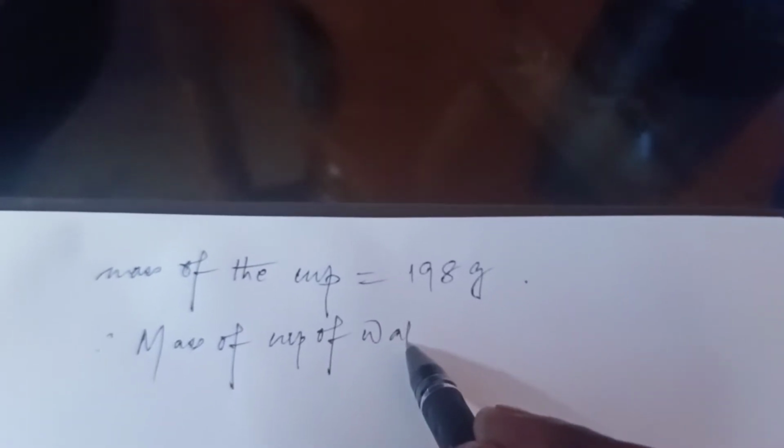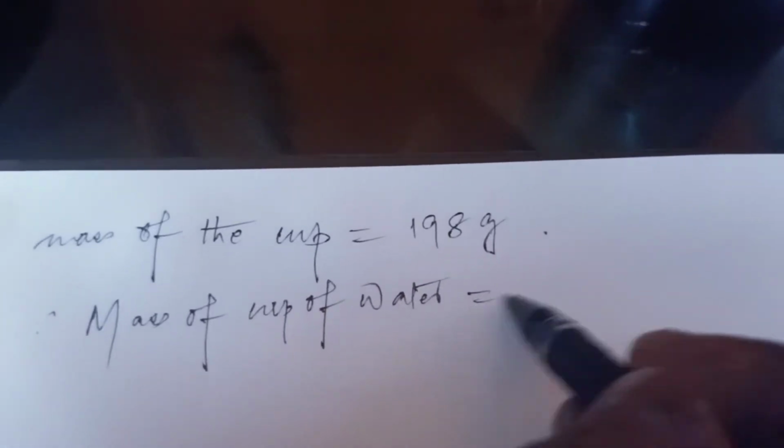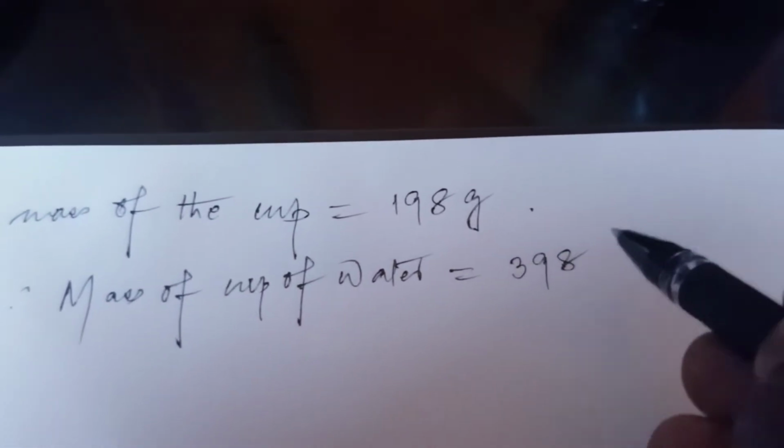So the mass of the cup of water is equal to 398 gram.